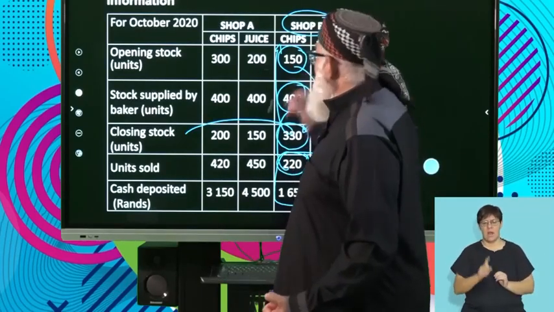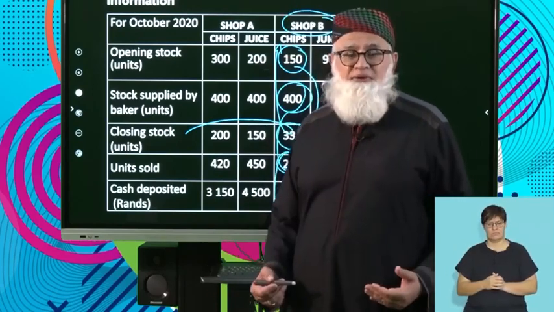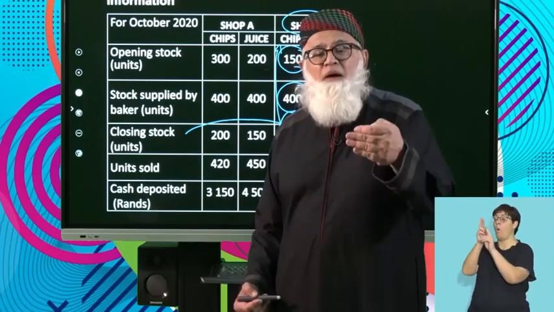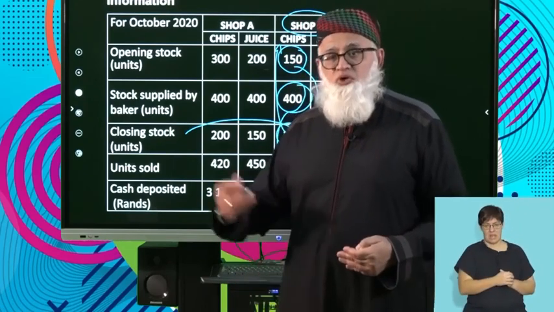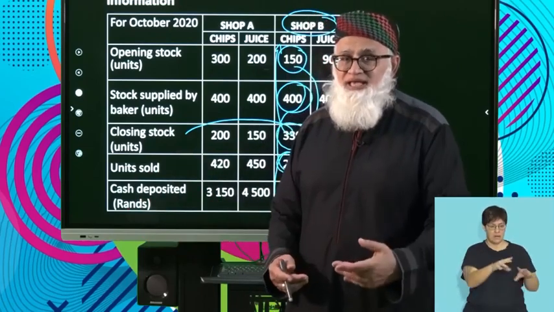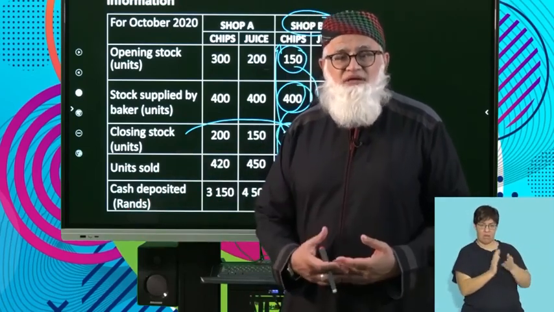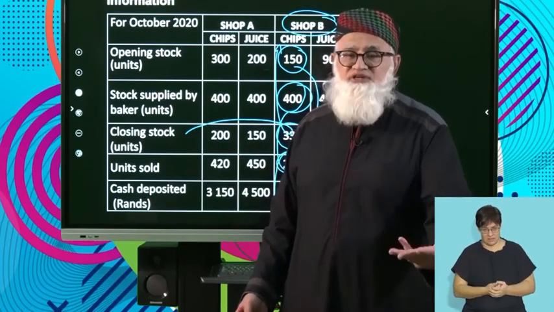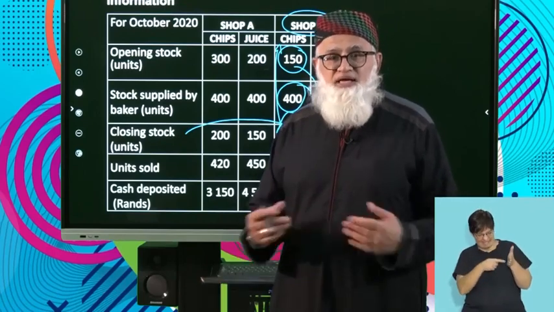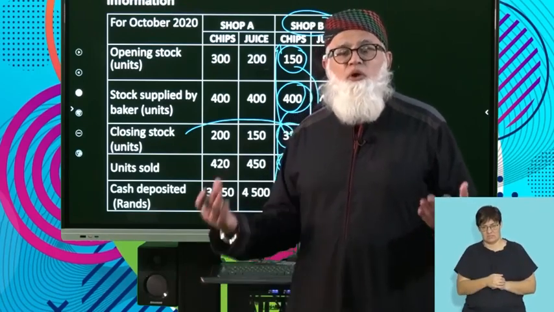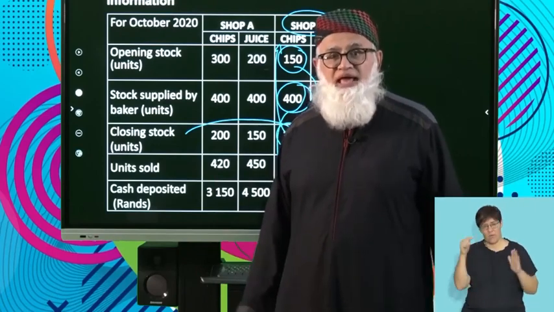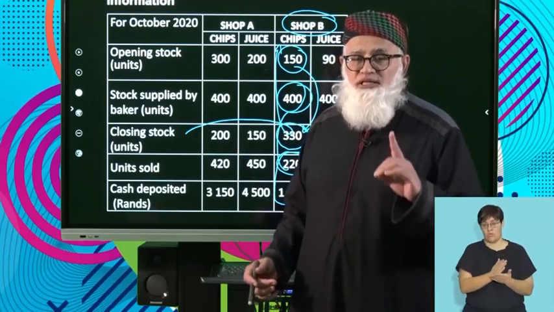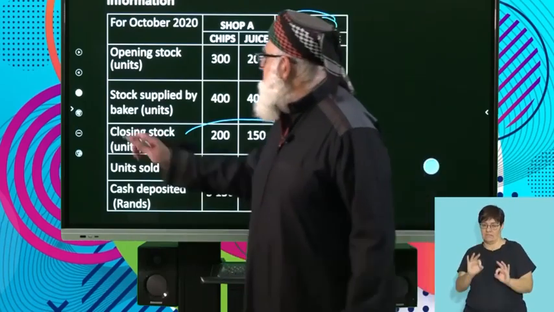You had 150 at the beginning of the period, meaning that monitor and order appropriately. Because if you're ordering too much, like we said, we're dealing with a perishable item, it can become obsolete. There can be expiry dates on this, and obviously, once the expiry date appears on that packet of chips, we will not be able to sell it, and it will be a waste, and it will be a loss to the business. So make sure that you order appropriately.